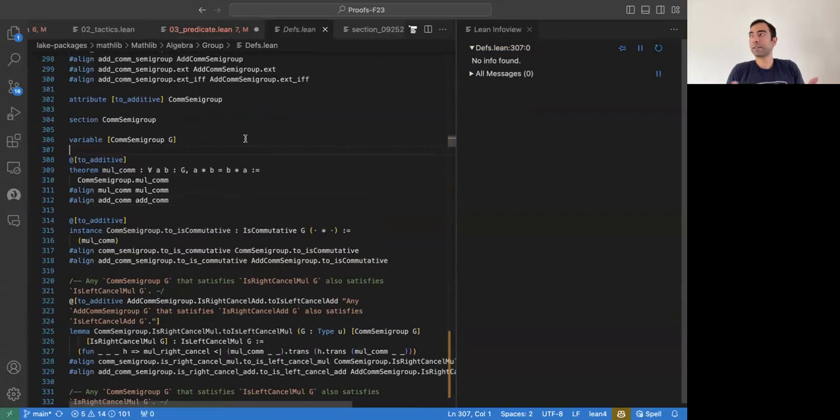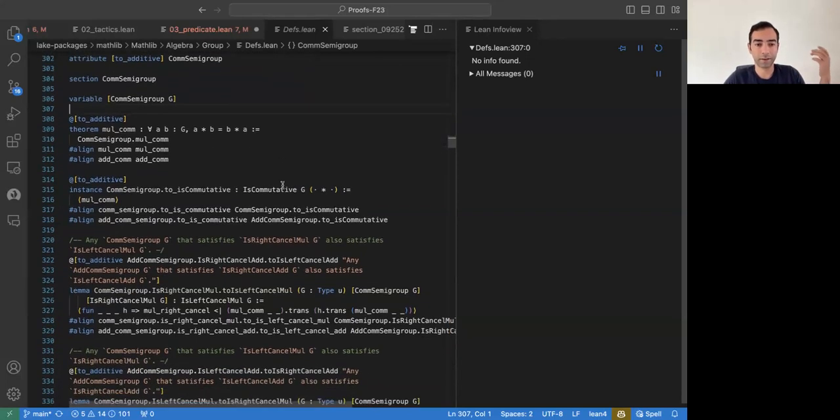That's just a structure that has a binary operation, which is commutative. So integers are like that, natural numbers are like that. And once you prove it at that level of generality, it works for everything. So that's how things are generally written in Mathlib, at a general level of generality.